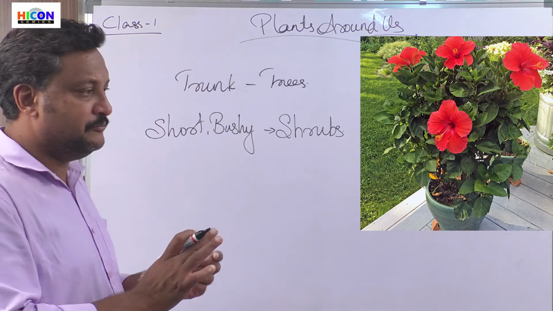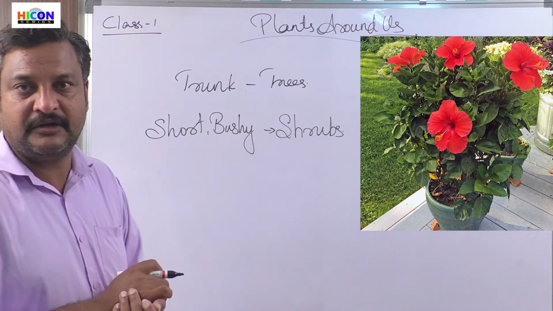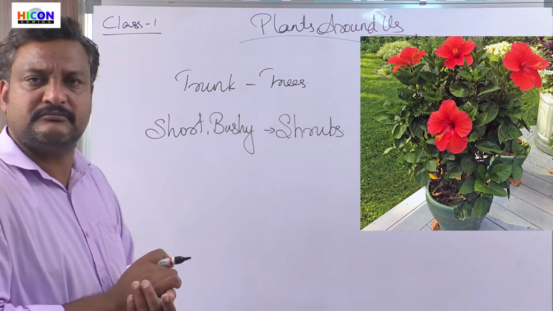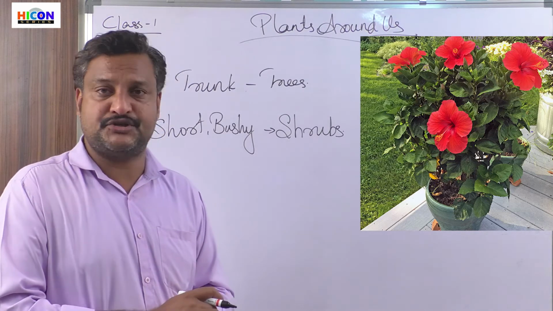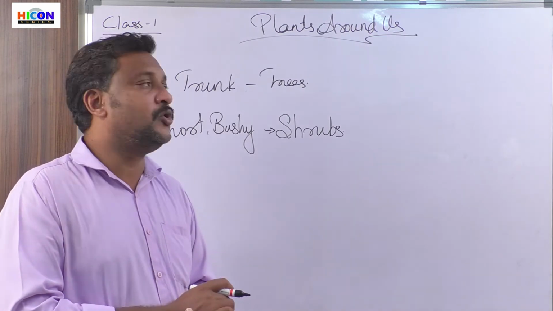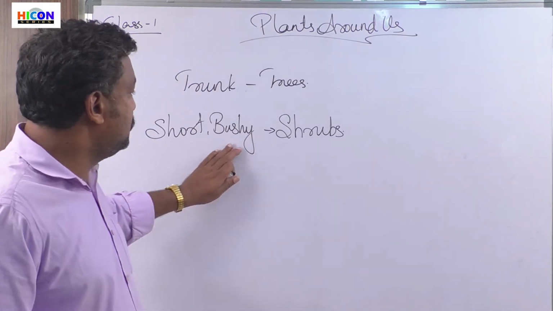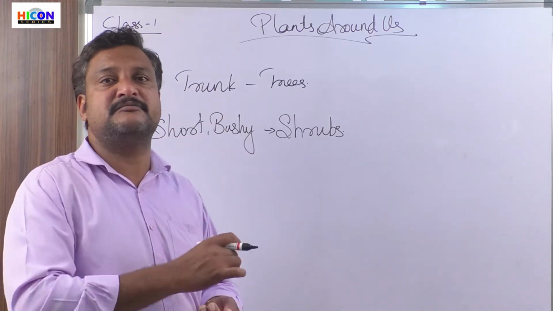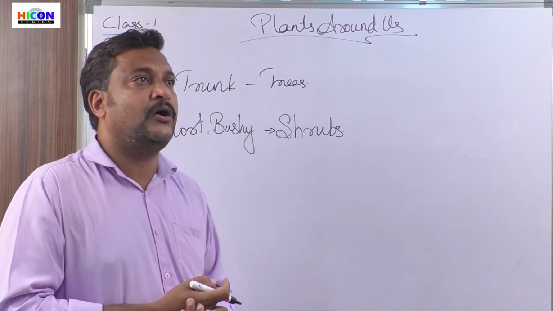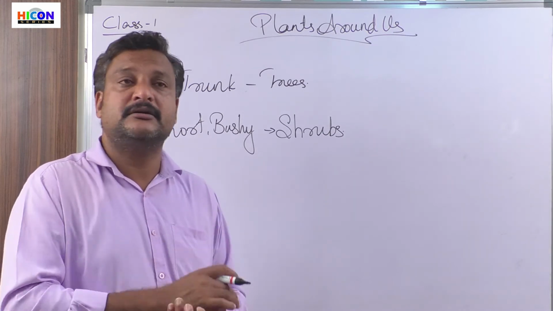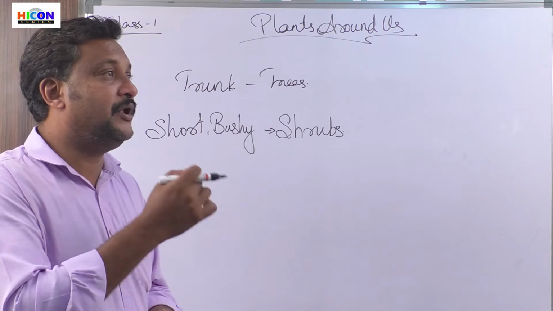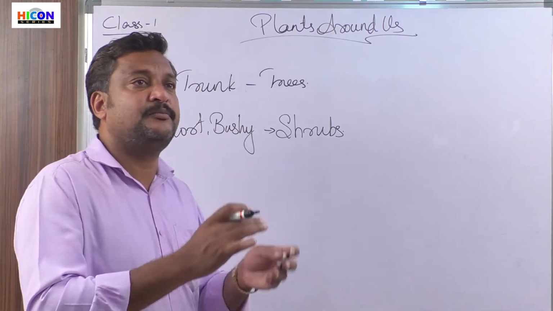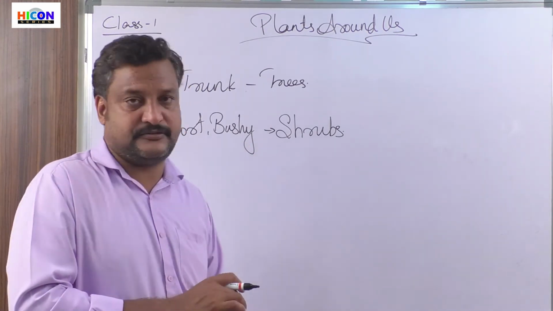Yes, it's bushy. Stems are thin, and this is also an example for a shrub. Short bushy plants with thin stems like a rose plant or jasmine plants, then mehendi plants, shoe flowers. These kinds of plants are known as shrubs.